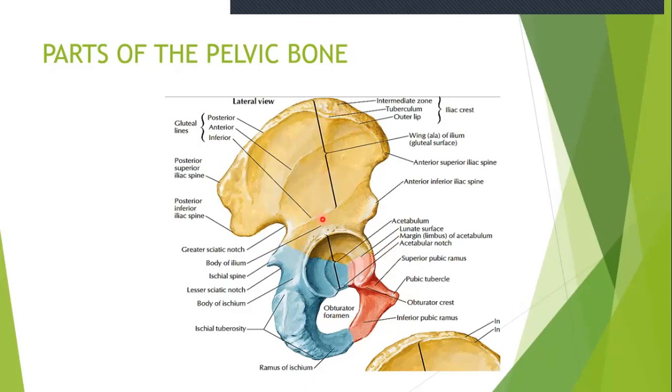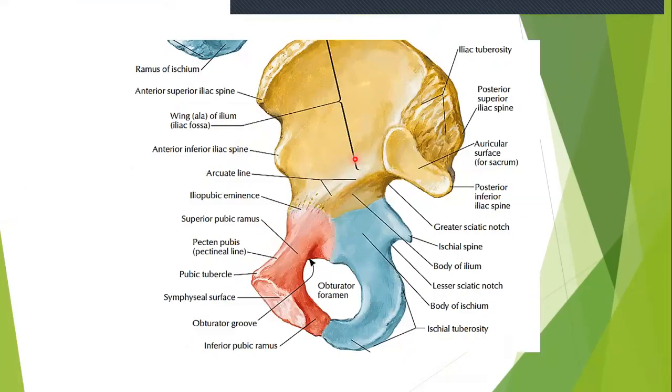So that was the lateral view. Now let's look at the medial view. This is a medial view of the hip bone. You can see this is the iliac fossa. This is the anterior superior iliac spine and the anterior inferior iliac spine.